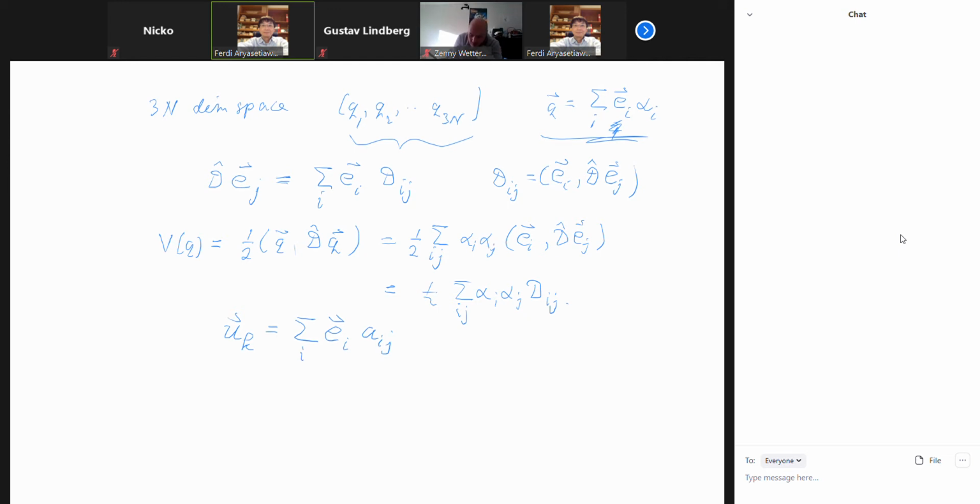So now we can write an arbitrary vector q as a sum over I of ei alpha I, like we had here. And then this can also be written in terms of the new basis, in terms of the UK basis, with coefficient QK, like that.